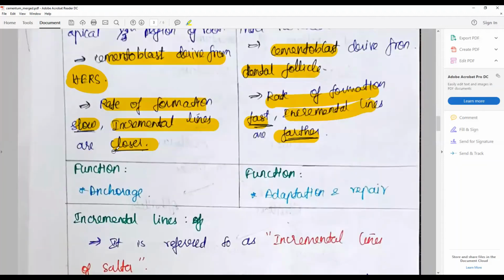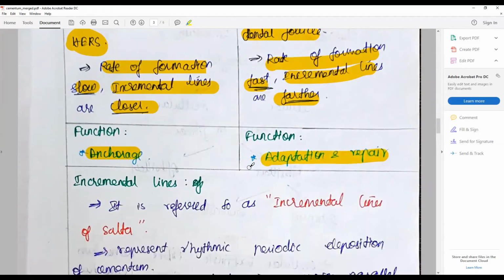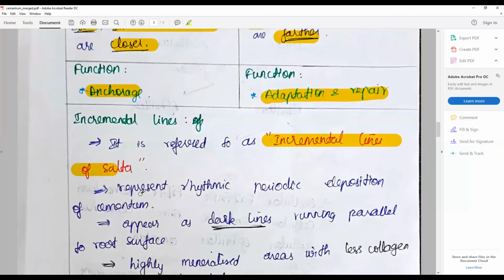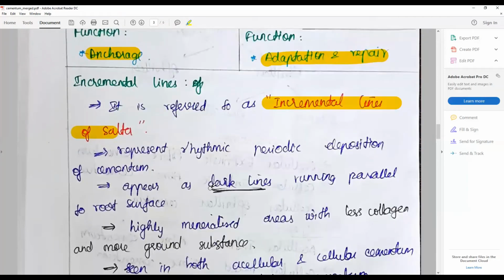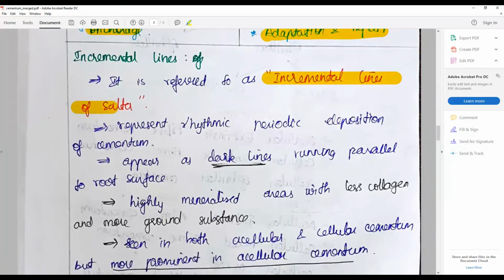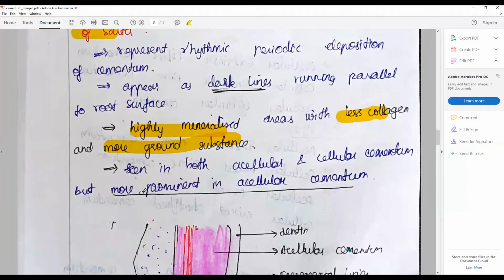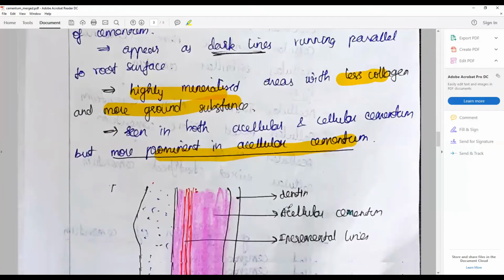The function of acellular cementum is anchorage, whereas cellular is adaptation and repair. The incremental lines of cementum are referred to as incremental lines of Salter, which represent a rhythmic periodic deposition of cementum and appear as annular dark lines running parallel to the root surface. They are highly mineralized areas with less collagen and more ground substance, seen in both acellular and cellular cementum, but more prominent in cellular cementum.